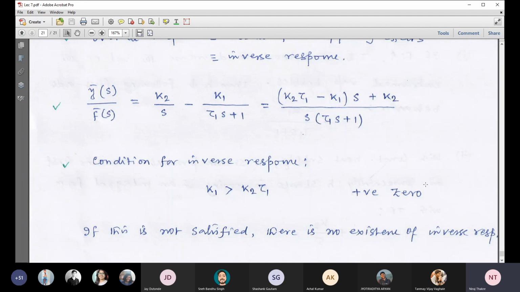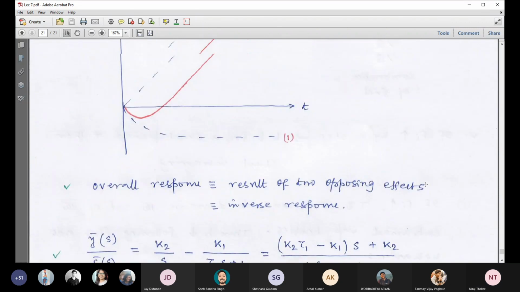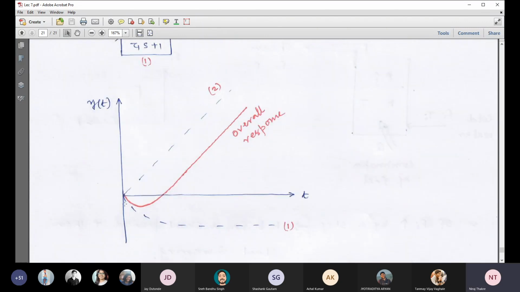Now, one question is how we can tackle this situation. You see, it is degrading the performance, particularly at this initial stage. Our height is moving in the opposite direction. We'll discuss later.